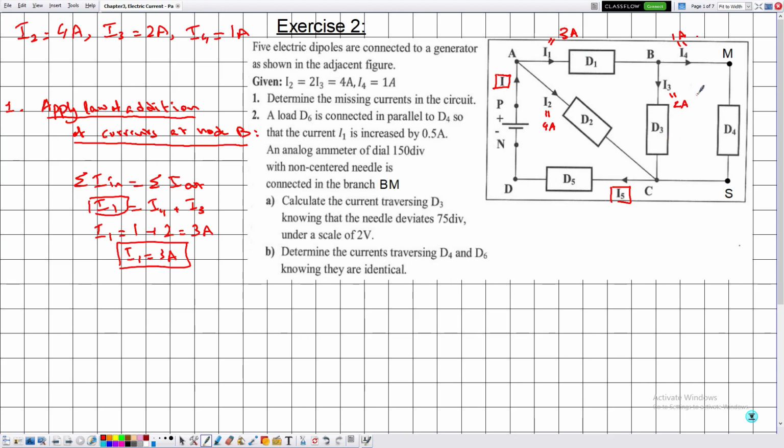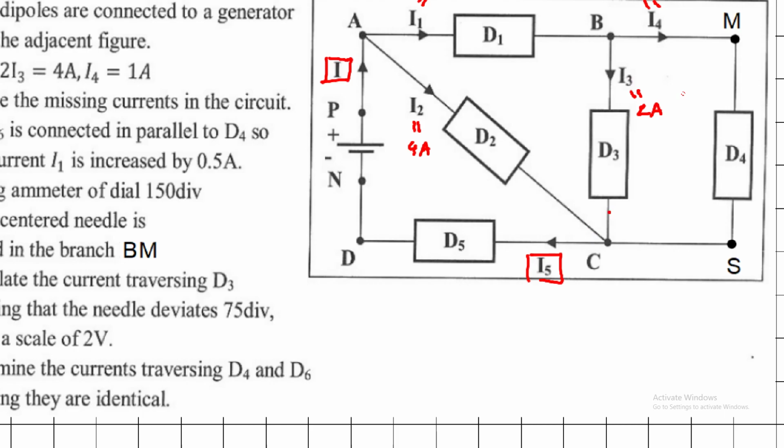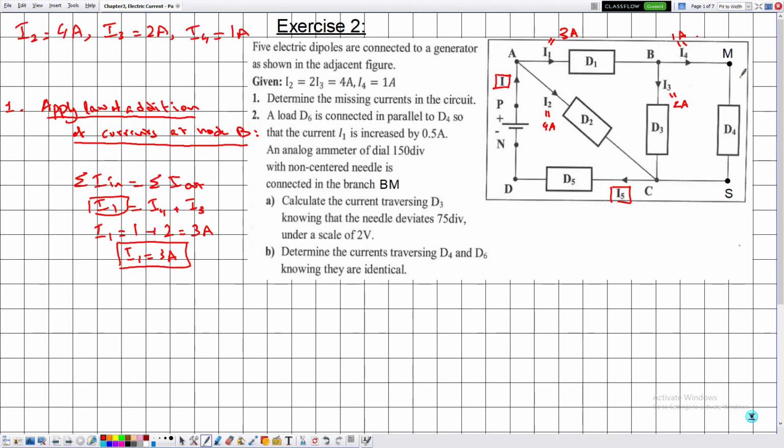Now, if this is I3, then this is also I3, which is equal to 2 amperes, and this is also I2, which is equal to 4 amperes. And this is also I4.